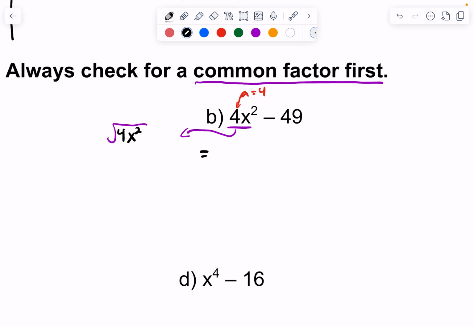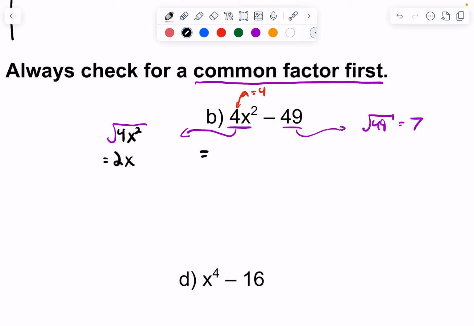So when you take the square root of a number and a variable, you take the square root of both. In this case, you would get 2, because the square root of 4 is 2, and the square root of x squared is x. Over here, the square root of 49 is 7.